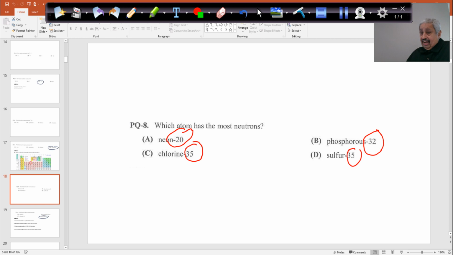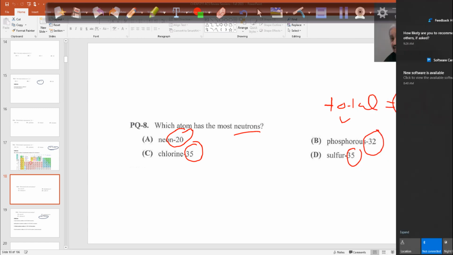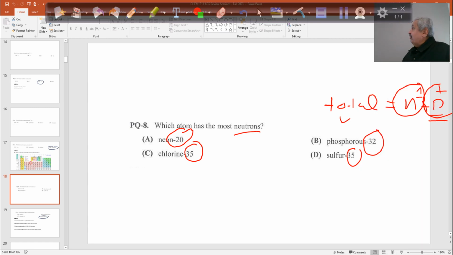So I need to get the number of neutrons. Those are the totals, the total of neutrons plus protons, correct? I have the total here, so I have to go to the periodic table and get the atomic number, which is the number of the protons.